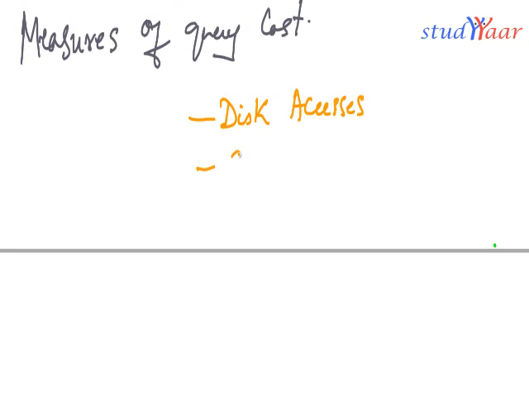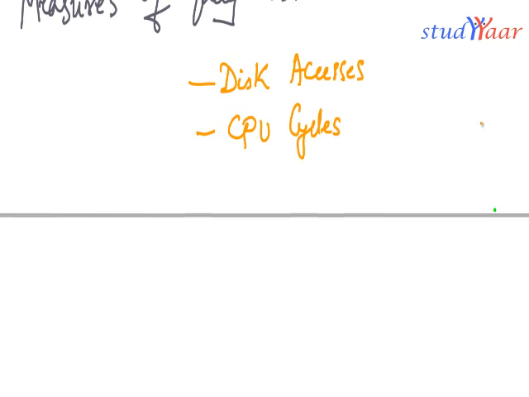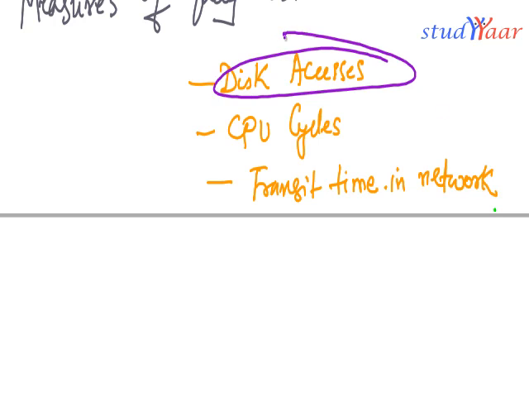I want to see how many CPU cycles I have consumed, how much time the CPU has taken to evaluate this query. And finally I am going to see the transit time in the network. But primarily we are concerned with the disk accesses only.